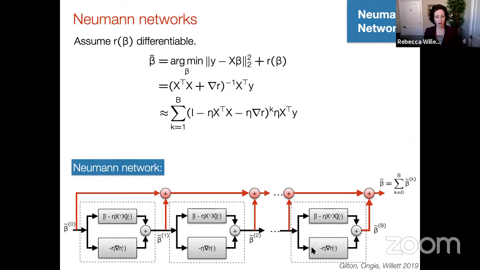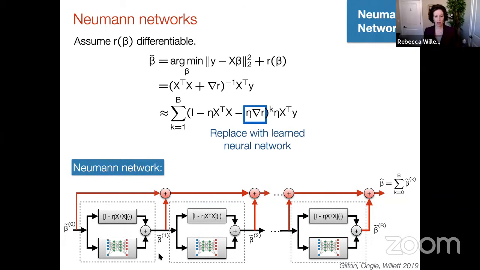Again, I've got B different blocks, just like before. Within each block, I've got two parallel branches, one that uses my forward model X, and another that accounts for my regularizer gradient, grad R. And as before, once I have this block diagram, I can replace the gradient of the regularizer with a learned neural network.